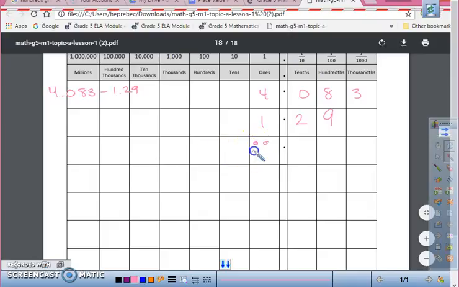So I have 4 here, I have 0 here, I have 8 here, and I have 3 here. And that represents 4 and 83 thousandths. Here I have 1 disc because I have 1 in the ones place. I have 2 in the tenths place, and I have 9 in the hundredths place.